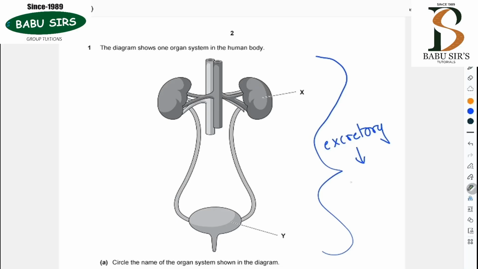It will remove waste products from blood. So blood will enter by a pipe called renal artery.